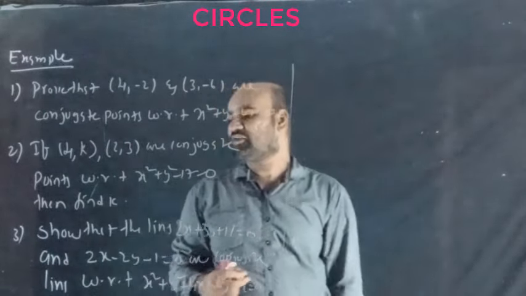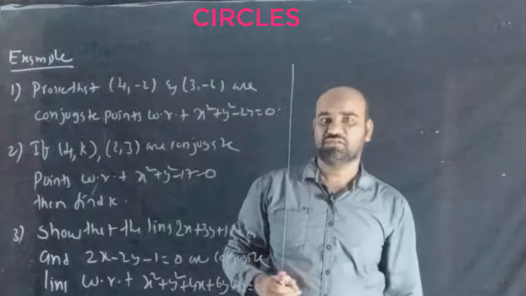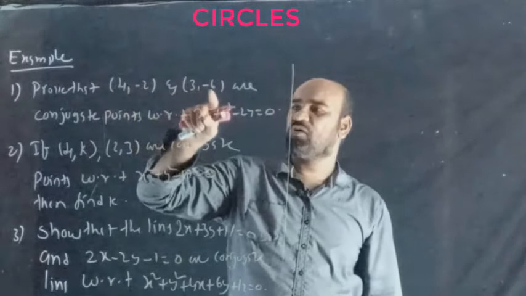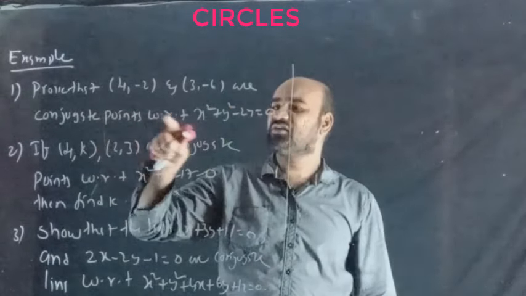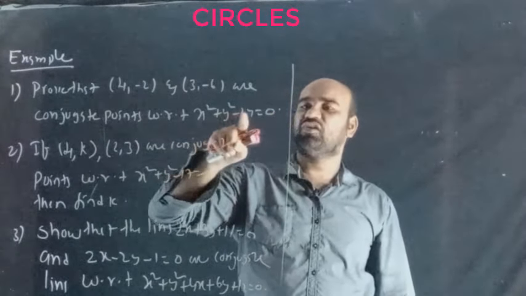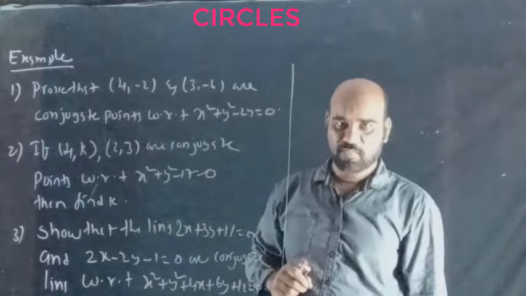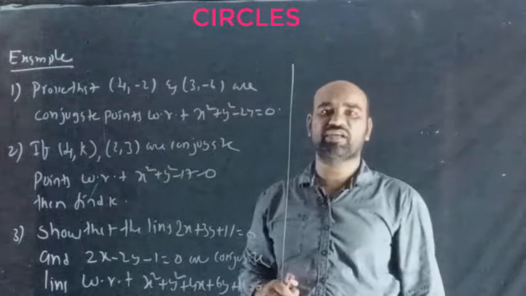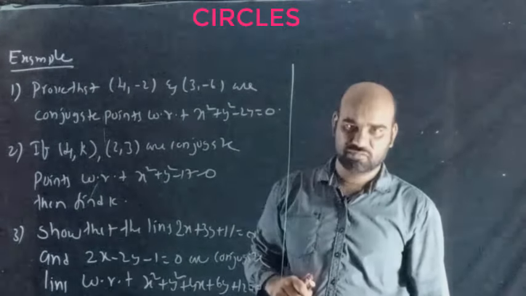Okay students, here we have 3 example problems. First problem: prove that (4, -2) and (3, -6) are conjugate points with respect to x square plus y square minus 24 equal to 0. It is enough to prove that these two points satisfy the condition S12 equal to 0.